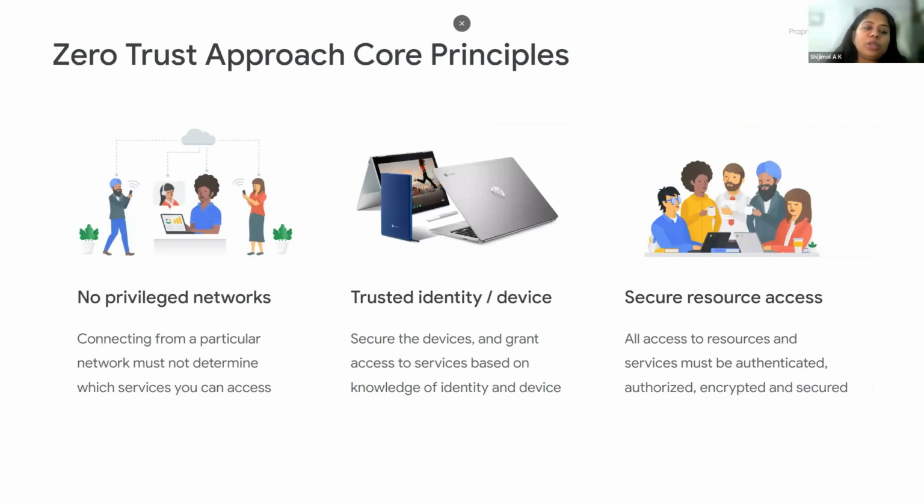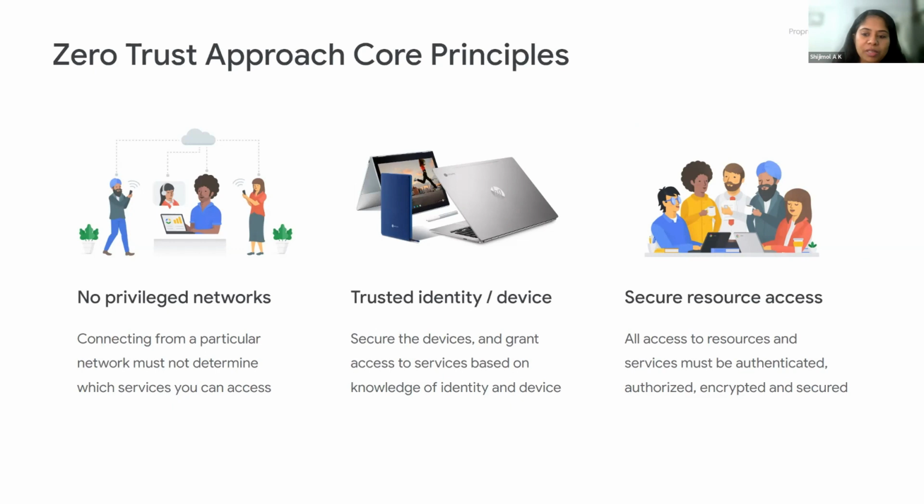So what are the core principles of implementing this? First, no privileged networks. You cannot say that if somebody is accessing something from a specific IP range, they are secure. That is not how we do it. There should not be any privileged networks. Next, trusted identity and devices. The security starts on the device.